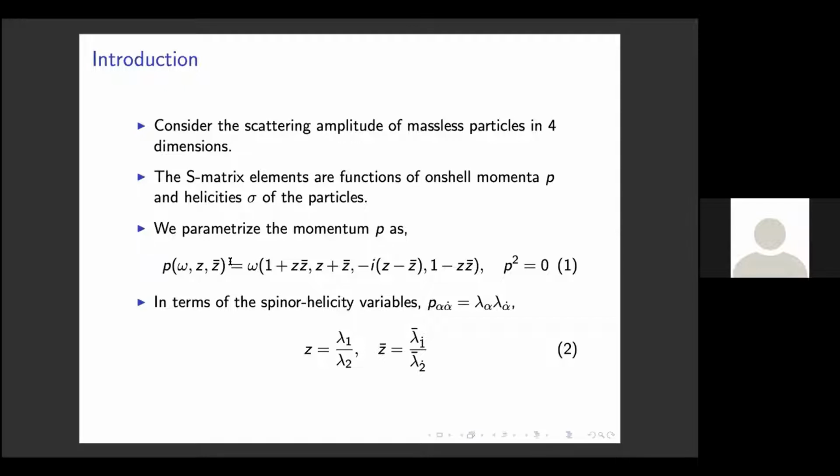Now since P is null, we can write P in this form, which is equation 1. And since P is null, we can write this in terms of these spinors, this lambda alpha and lambda alpha dot.